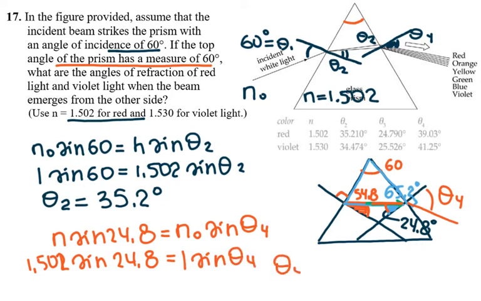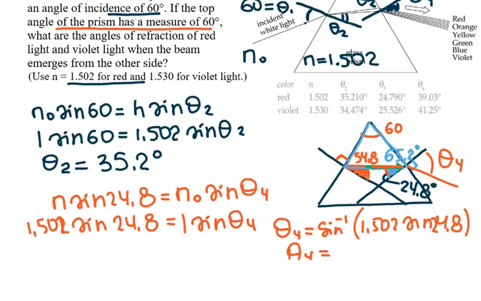So theta 4 is equal to arc sine of this whole thing, 1.502 sine 24.8. So theta 4 is equal to 39.05 degrees.